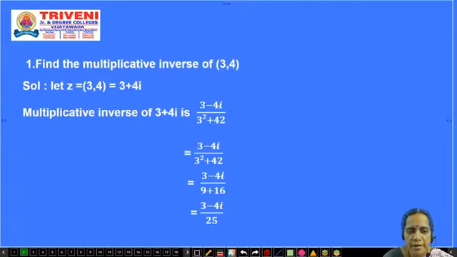The multiplicative inverse of 3 plus 4i is 3 minus 4i by 3 square plus 4 square. The denominator is 3 square plus 4 square, that is 9 plus 16, which equals 25. So the multiplicative inverse of 3 plus 4i is 3 minus 4i by 25.